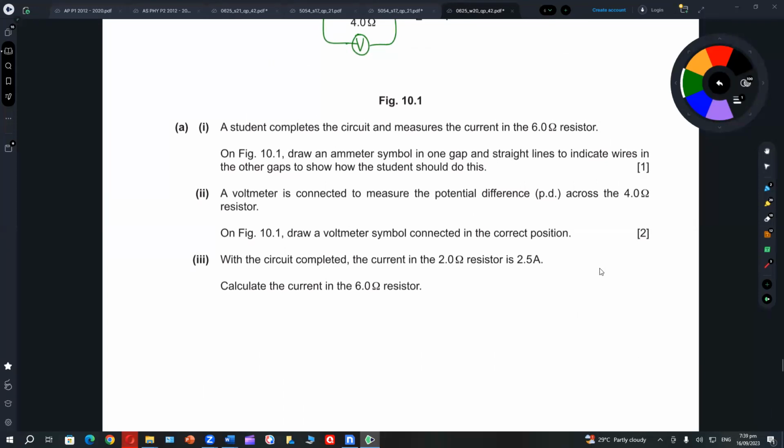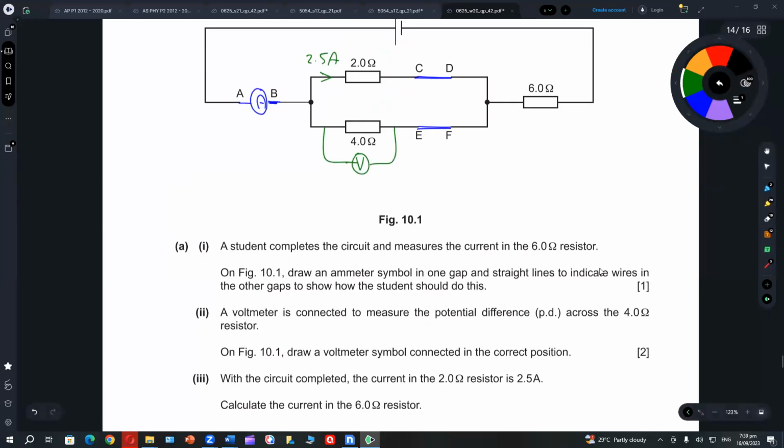So you have to apply the ratio method. How can I find the current in the 4 ohm resistor? I will add them to get the current in the 6 ohm. But how can I get the current here? I put a question mark. I can use a ratio method. The ratio is 2:4, 1:2.